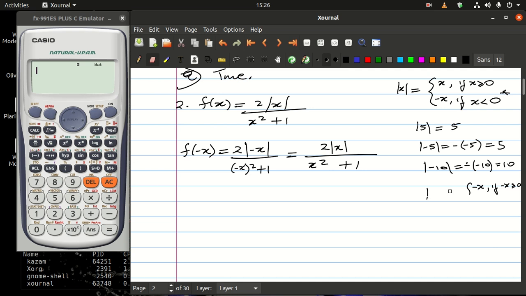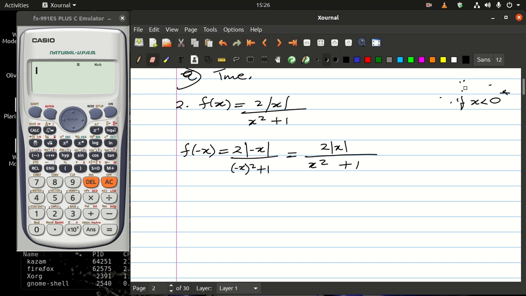Let's take a look at it while I'm still cleaning this space here. So that's what we wanted to analyze. If you look into this, we have 2 times the absolute value of x over x squared plus 1.